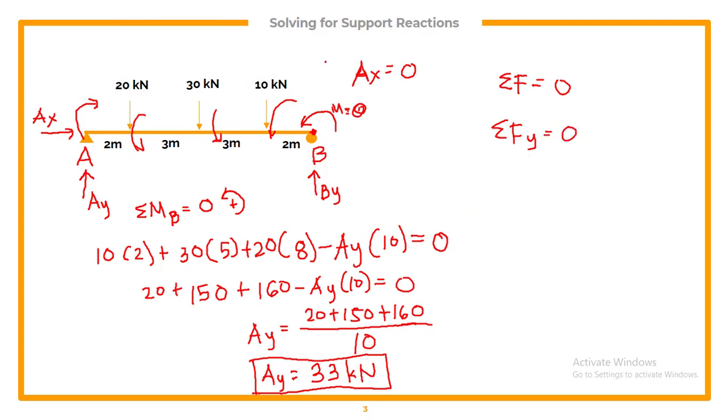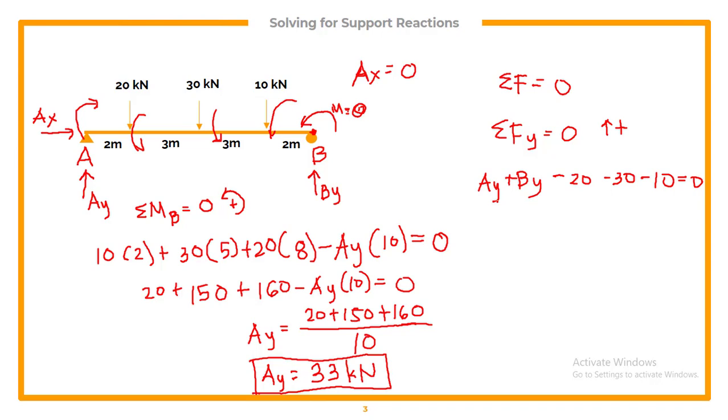We have AY. We assume that upward is positive. So AY is positive plus BY, which we also assume goes up, minus the downward forces: 20 minus 30 minus 10 equals 0.